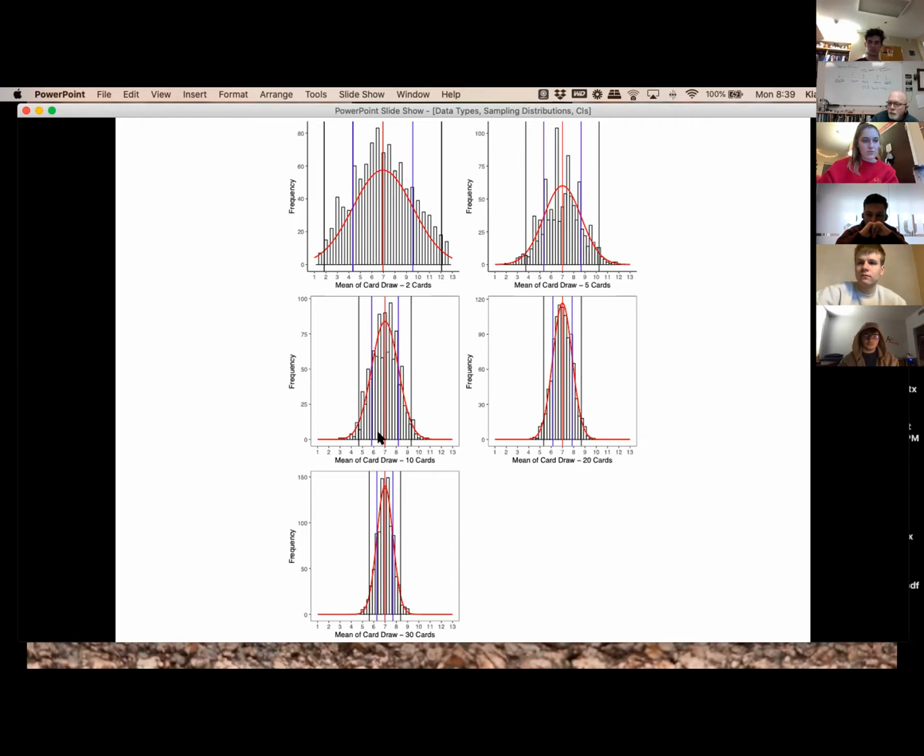And as you see, even with only 2 cards, the average of the distribution of sample means is clustered right around what you expect the average to be, right around 7. But the amount of variation around that population mean is quite wide. By the time you get up to 30 cards, each sample mean doesn't really vary much from other sample means, which is why this distribution is much more narrow.